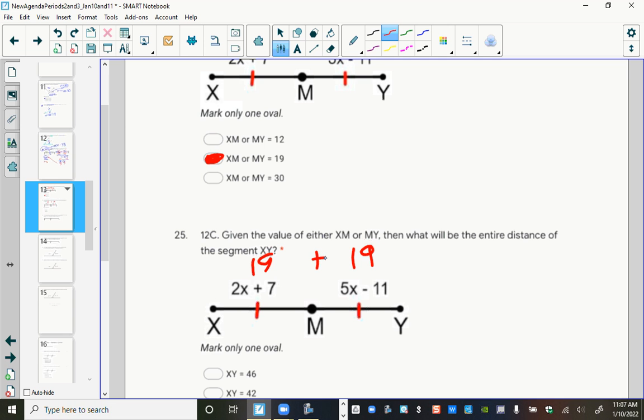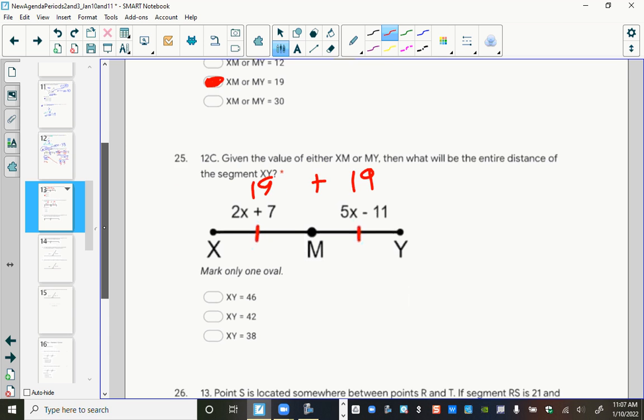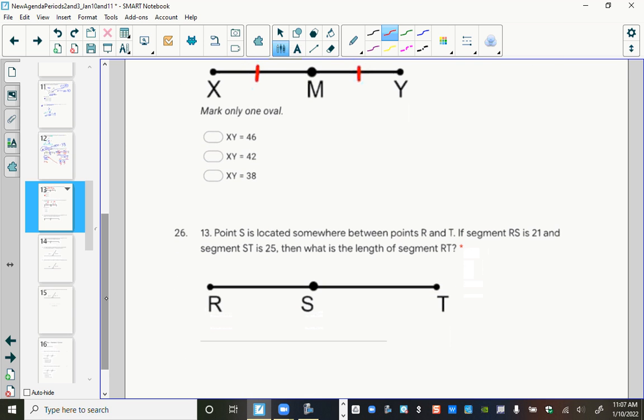All right, the last couple things I want to talk about really quick. These last few problems, got a label. Look at what's given to you. For 13, they gave us RS. Where's RS located? Okay. What about ST?